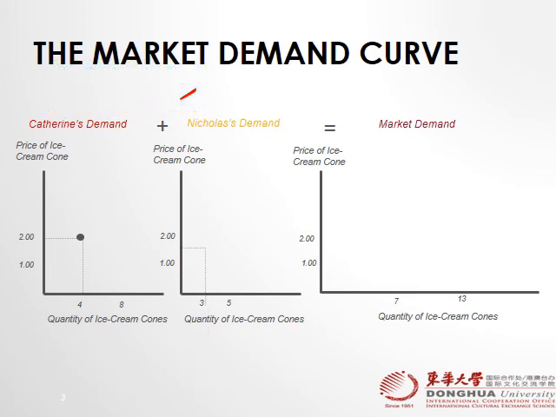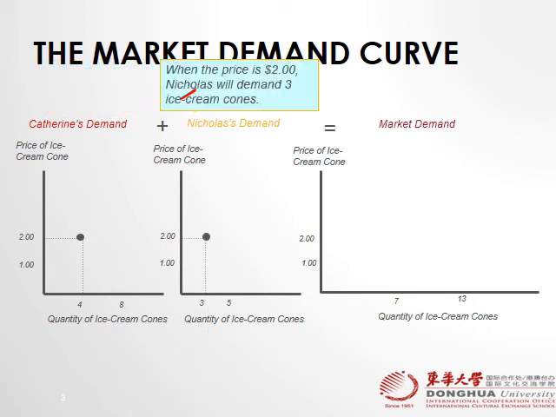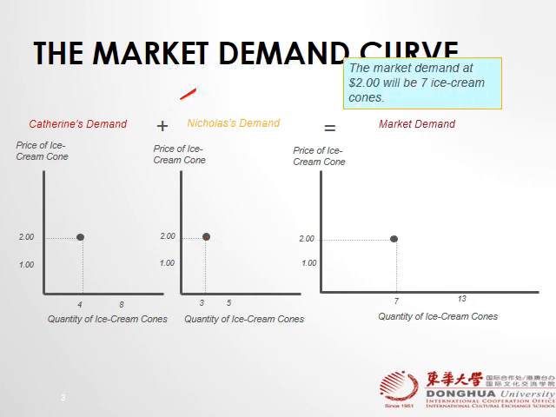And when the price is 2, Nicholas will demand 3. So how do we create the market? Here, 3 plus 4 is 7. So here it is 7, and the market price is still 2, right? This is how we make market demand: Catherine's demand plus Nicholas's demand is equal to market demand.